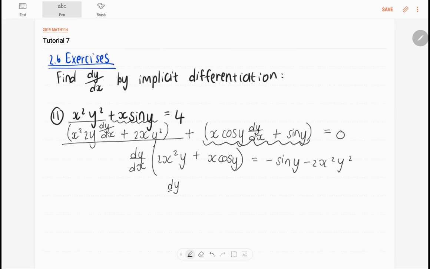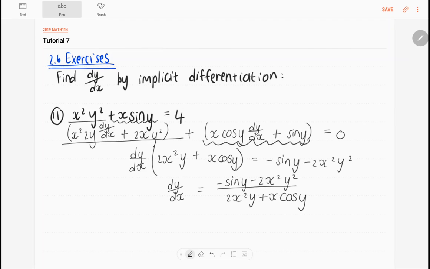So dy/dx is then equal to minus sin y minus 2x squared y squared over 2x squared y plus x cos y.